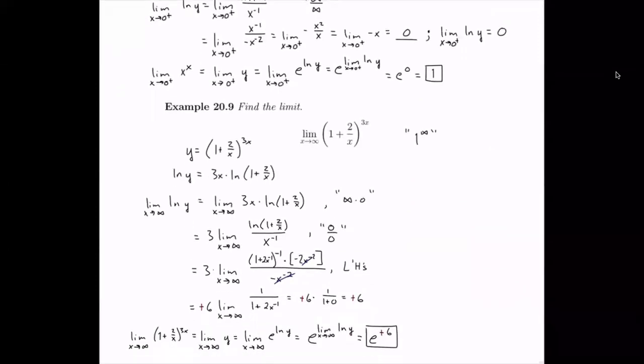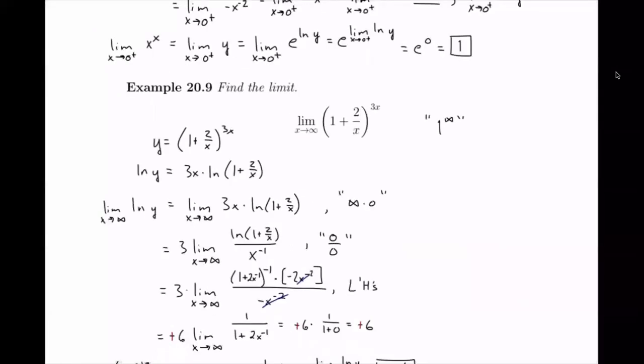Okay, so second example here is another version of this. Let's see, x is approaching infinity in this case. We're taking that limit, and we have 1 plus 2 over x, and outside to the power of 3x. Now, this has an x in the exponent and a function of x in the base. This is neither an exponential function nor a power function because we have x's in the base and in the exponent.